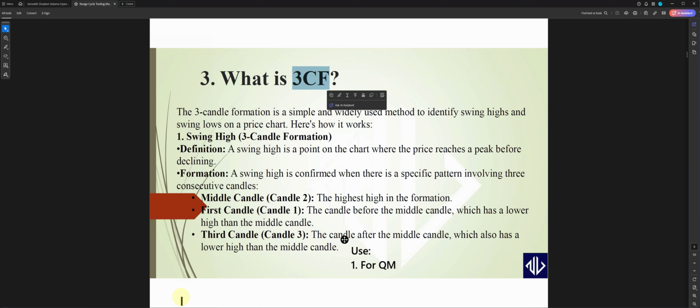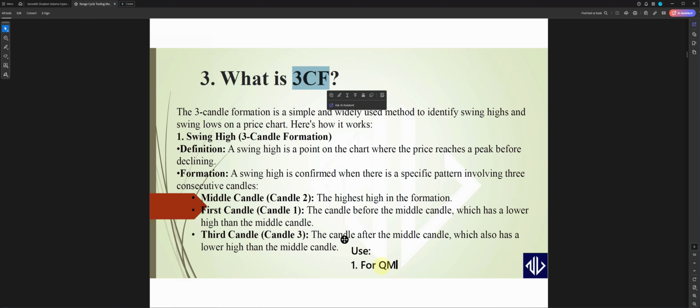The QM is used to mark the ranges, and this whole strategy is all about ranges. So that's why it's very important to understand the three candle formation pattern or the swing point, so you can mark the ranges correctly. If your range is incorrect, it means your analysis is incorrect. So that's why first you have to practice what the three candle formation is.